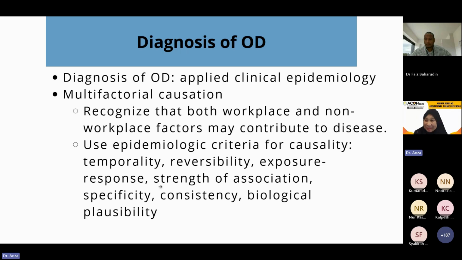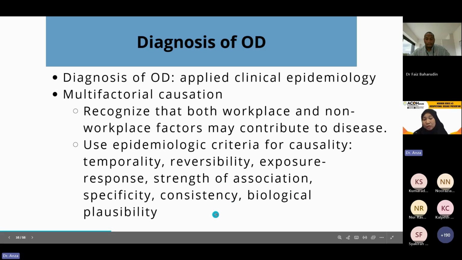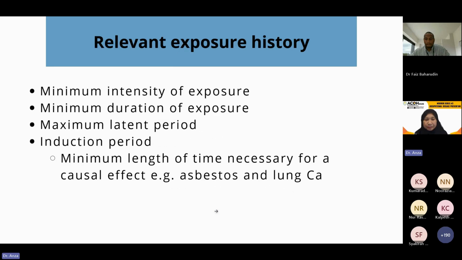So that's what I mentioned to you about the Bradford Hill criteria. The criteria are about temporality, whether it can be reversed or not. We need to look at exposure response, strength of association and specificity, and biological plausibility. So this is how we get the list.